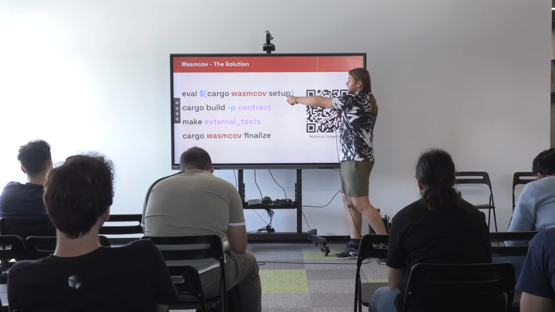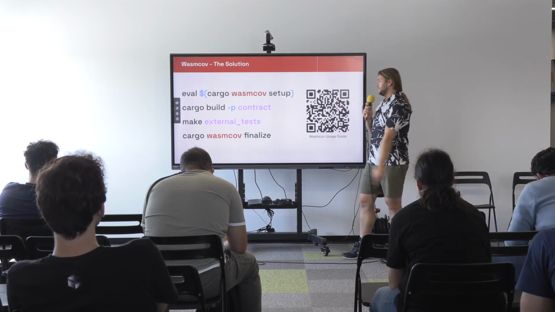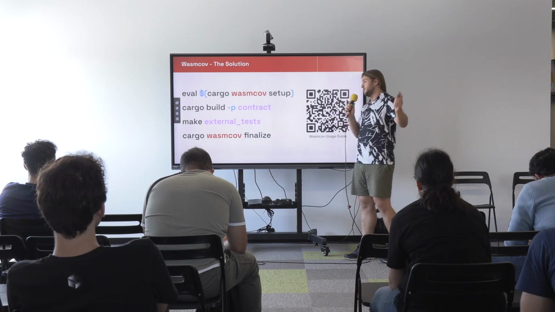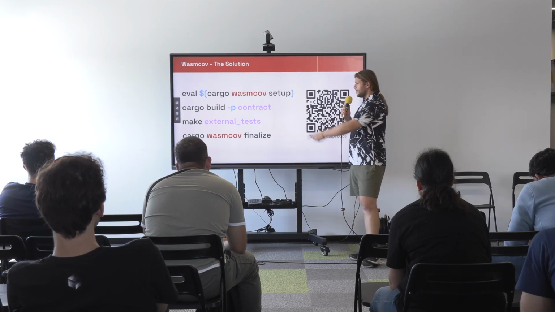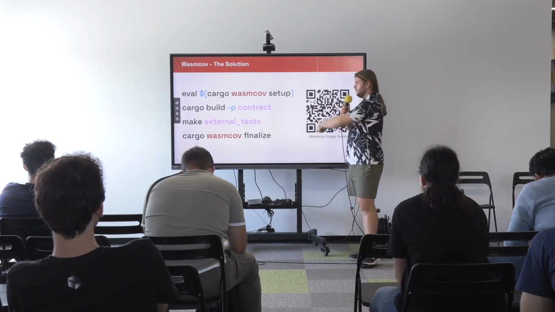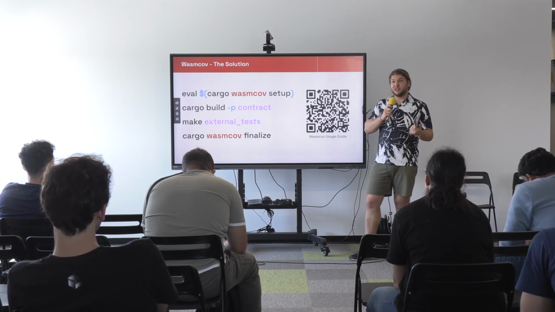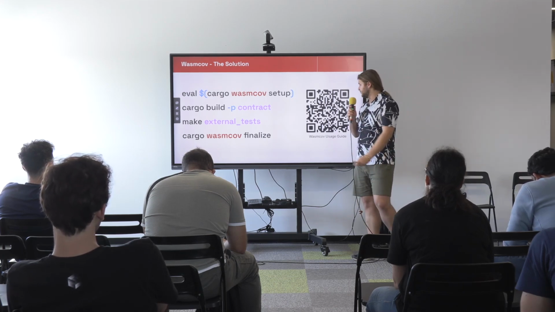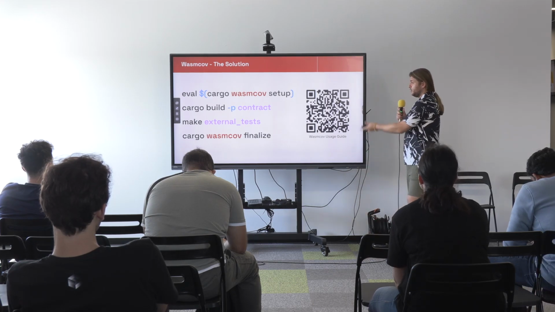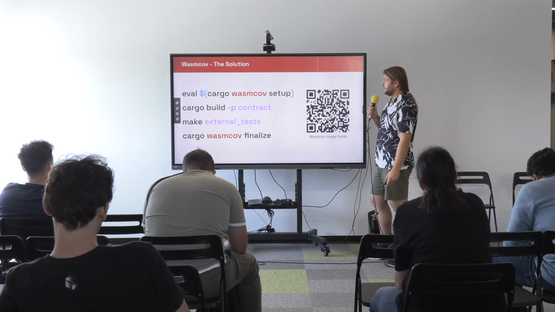If I was setting them within this process, they would not be set, so I need to evaluate like this. Sorry, if you have a better solution, tell me. But other than that, you just build your contracts, you run your external tests, and you just finalize. And of course, you have to have a patched VM, which exists for a few things now. And I think it's pretty usable. Usage guide here. UX me is sort of okay with it.